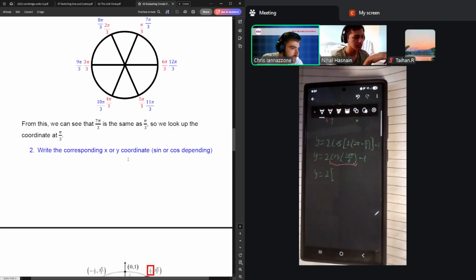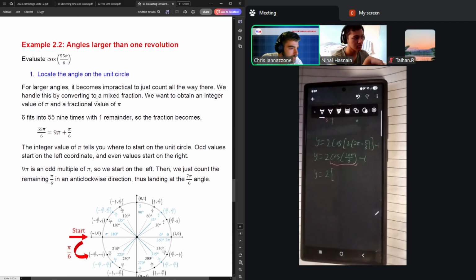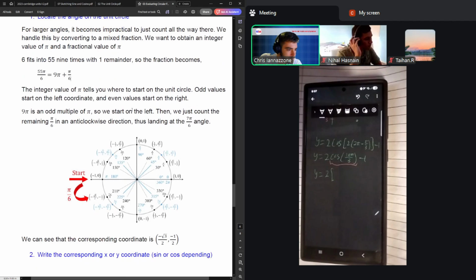One of the things I suggest for larger angles is to break it up into an integer value of pi and a fractional value of pi. So I think this is what you were talking about, which is getting a mixed fraction, basically. So you see how many times does 6 fit into 55 in the example that I've got on the screen share, and that's going to be 9 with one remainder.